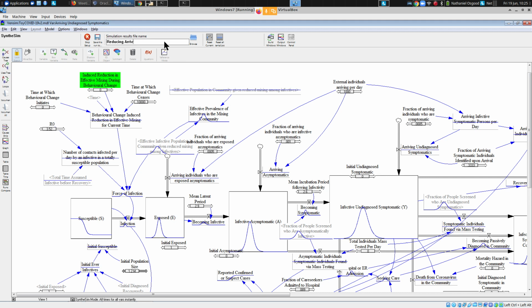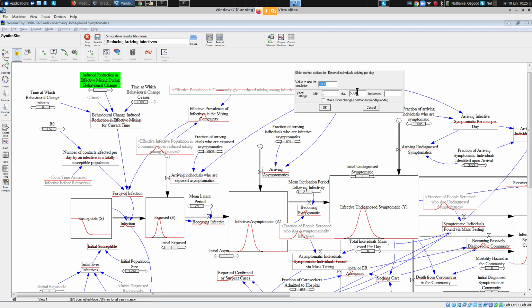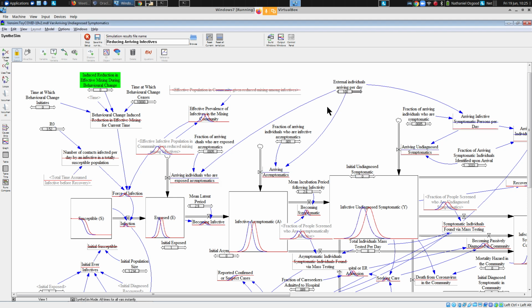So I'm going to say reducing arriving infectives. I'm going to give it a new name of a scenario. I'm going to press enter so that it will run it, but I haven't changed anything, and it's going to show the same results there. But I'm going to reduce the number of individuals arriving per day from, say, 1,000 to 100, maybe by closing the border, for example.